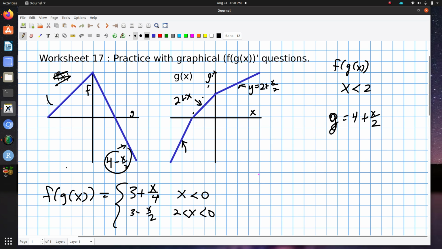But now I have to contend with this piece of f, and that is going to be 4 plus x. So f of g is 4 plus g, but we know what g is, so f of x is 4 plus (4 plus x) over 2. So this is going to be 8 plus x over 2 for x less than 2.